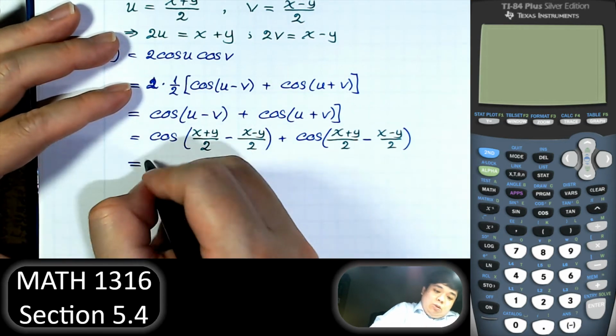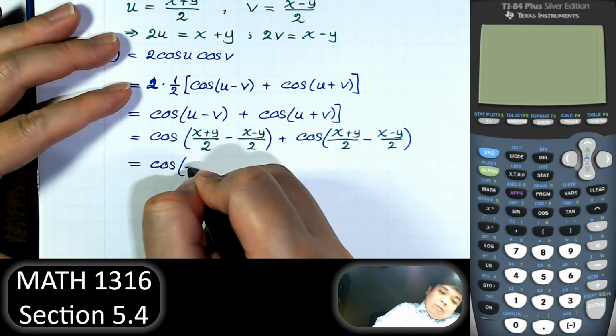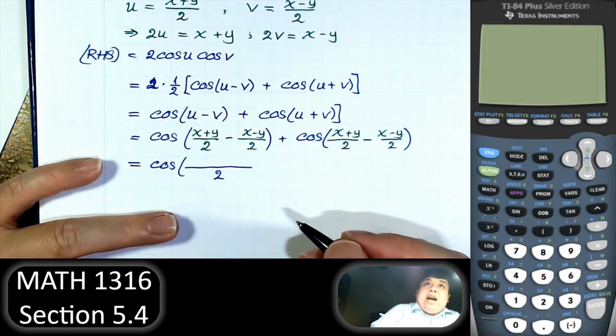Right, and then we just simplify all of them under has 2 at the bottom.